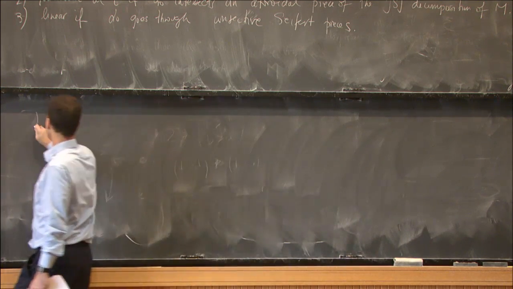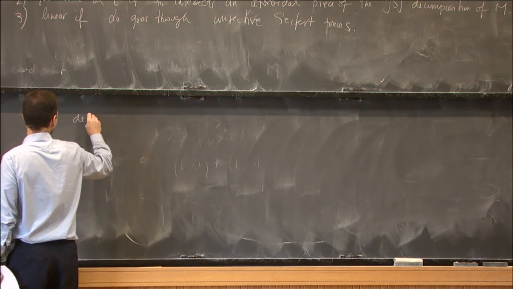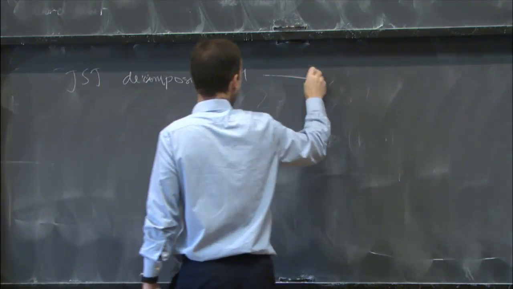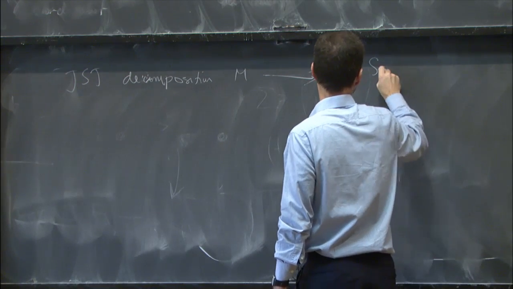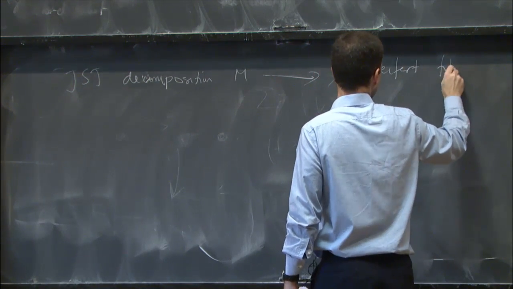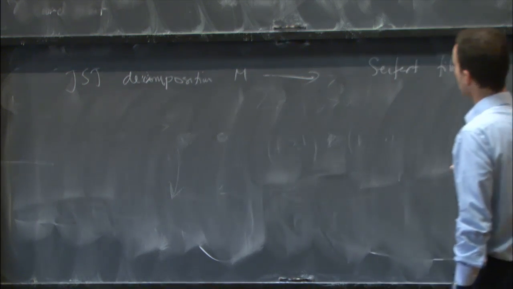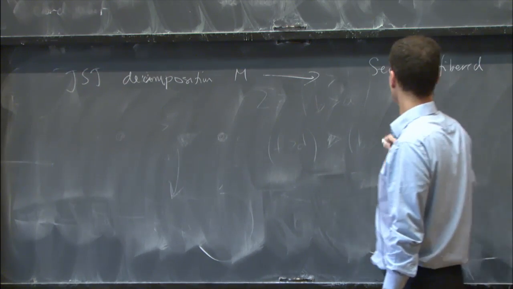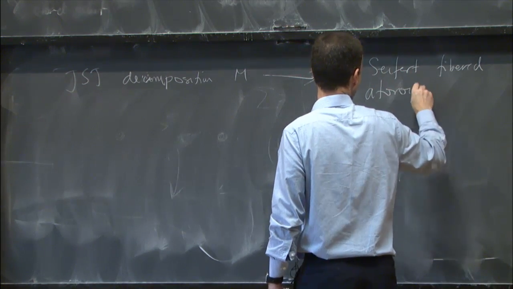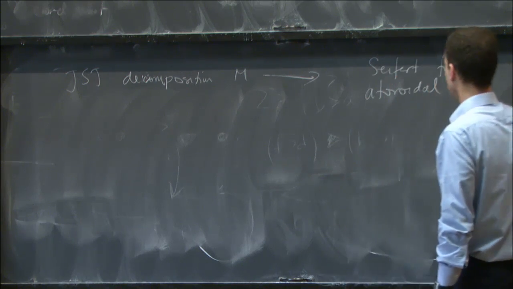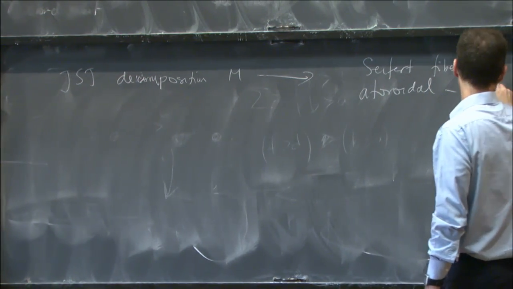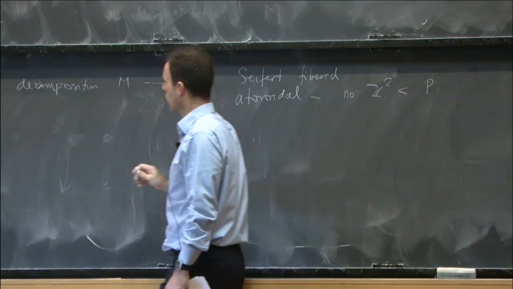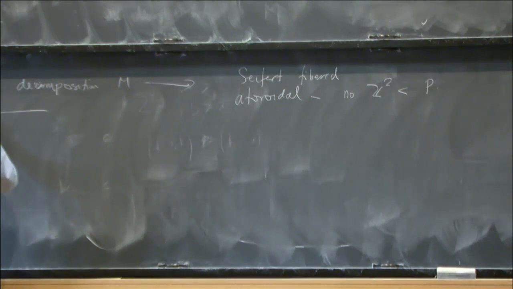So the JSJ decomposition: M gets partitioned in pieces which are either Seifert fibered, meaning there's a foliation by circles, just like in the case of the unit tangent bundle, or atoroidal, which implies in this case for us is hyperbolic. Atoroidal means there's no Z2 in that piece. So I'm going to deal with case 1.